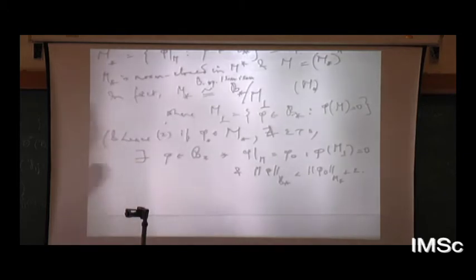It is onto by definition, no? By definition of M lower star, it is onto.